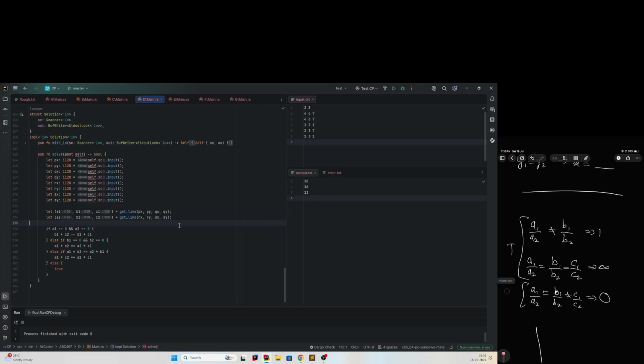There is one edge case that I've handled: if both a1 and a2 are 0, like if both lines are parallel to the x-axis or both are parallel to the y-axis, then in these equations I cannot do 0 by 0. That would be bad. But I think that would have also worked, maybe I didn't need that.